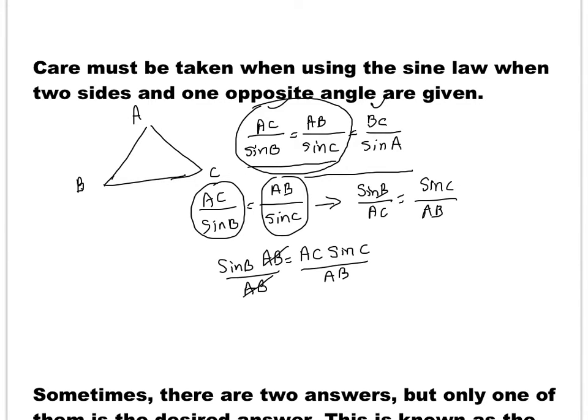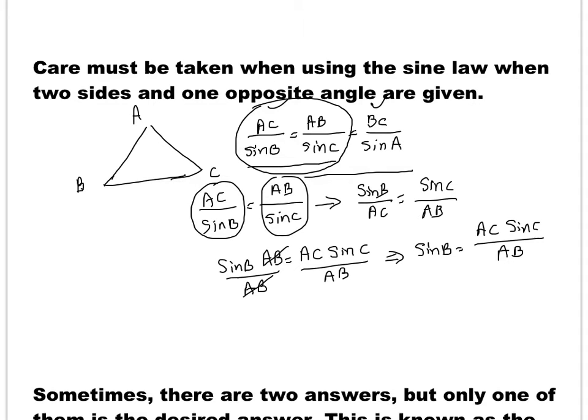This AB crosses with this AB. From here we get sine B is equal to AC sine C over AB.